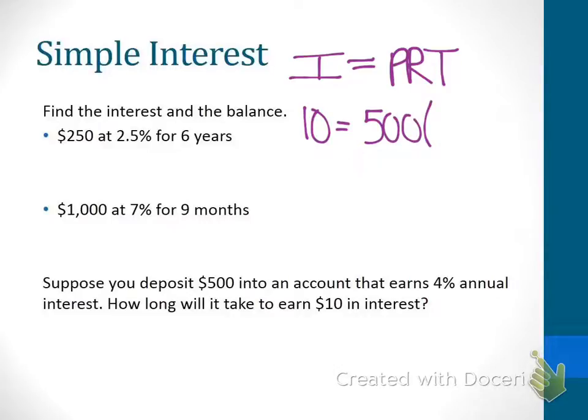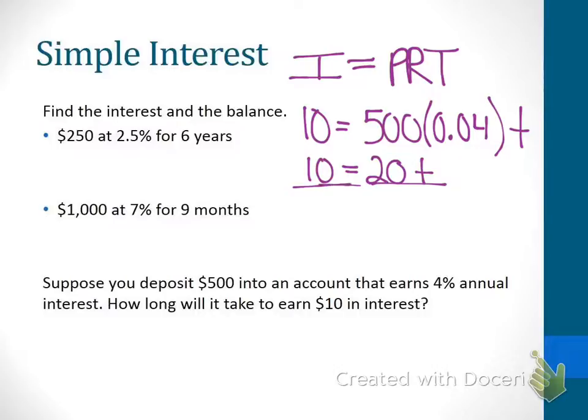What do we plug in for rate? 0.04, and then I don't know time. So now what do I do? 500 times 0.04. Now divide both sides by 10 or by 20? By 20, whatever is attached to t. T equals half a year.